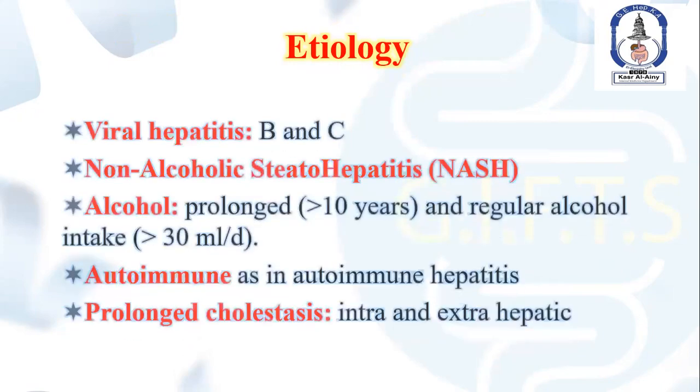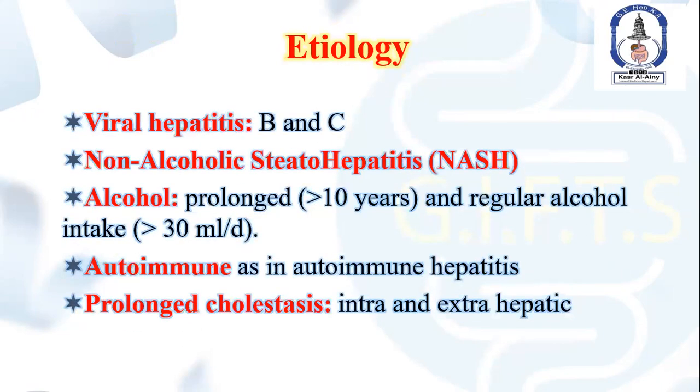What are the causes? Of course, the most important cause of liver cirrhosis was viruses, especially virus B and C. But unfortunately, this is now not the first cause. The first cause now is non-alcoholic steatohepatitis, or fatty liver disease, or the new nomenclature of it, metabolic associated steatotic liver disease.